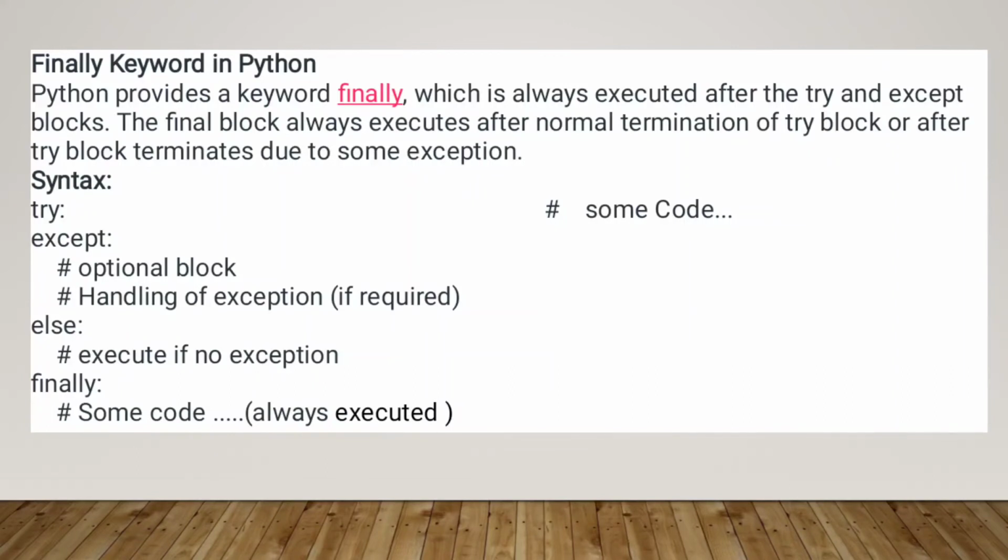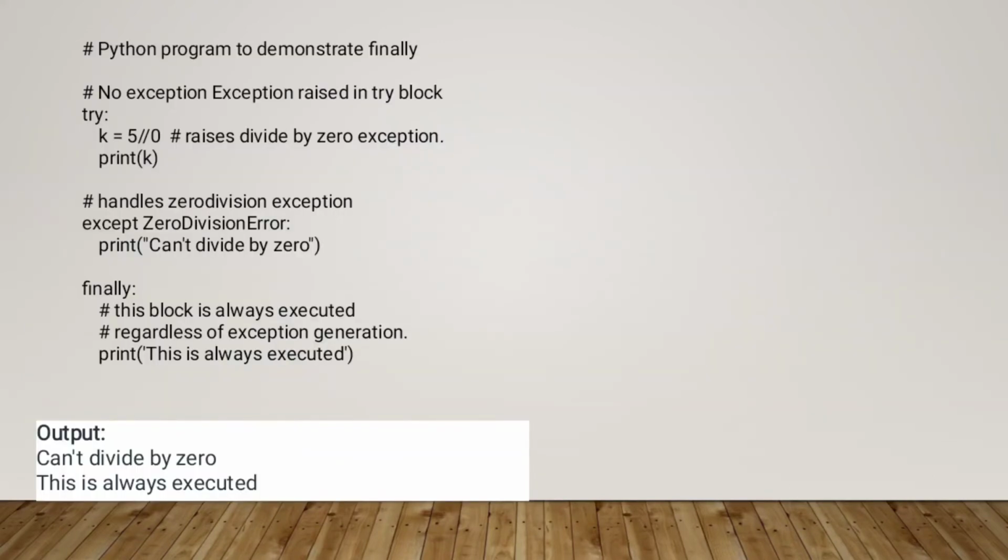We have the syntax for this, and now a Python program to demonstrate finally. # No exception raised in try block. try: k = 5 // 0.